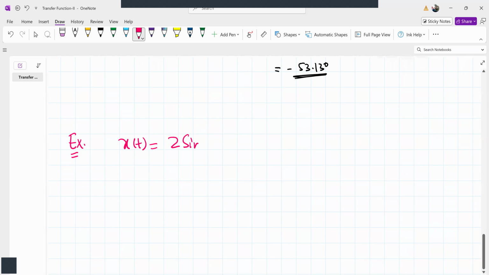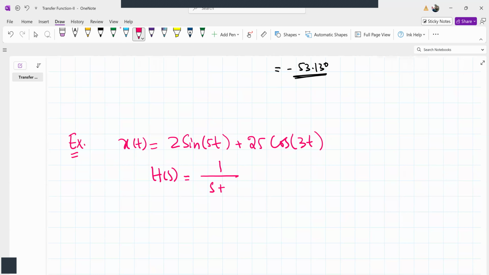Suppose our input is 10 sine 5t plus 25 cosine of 3t. Okay. And suppose the transfer function of this network is, let me take a very simple example, 1 divided by s plus 4. Okay.